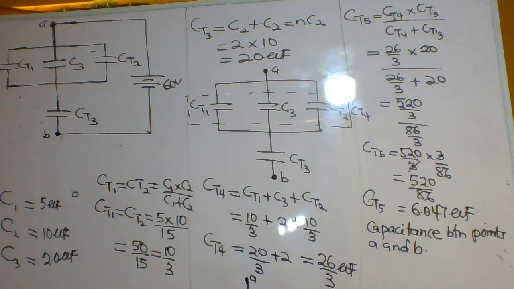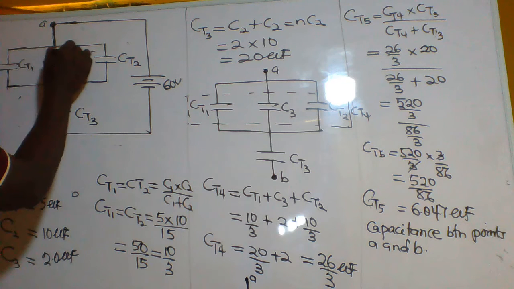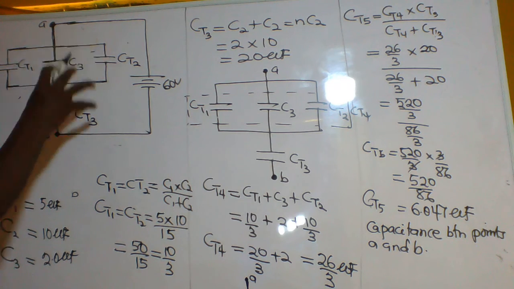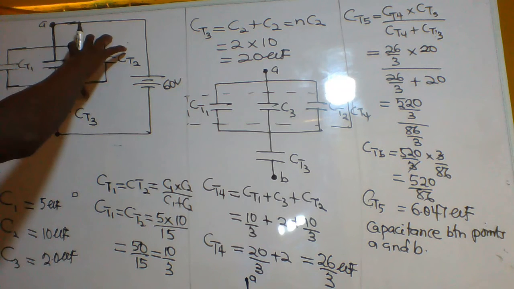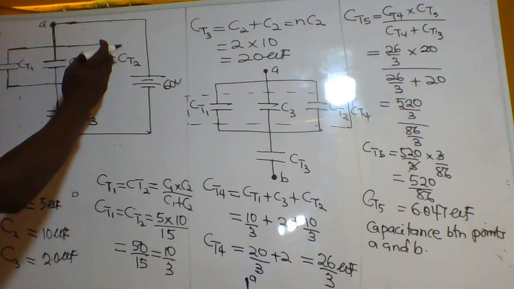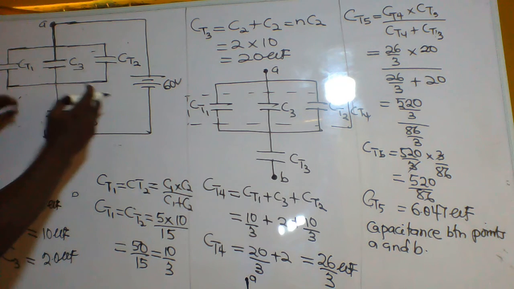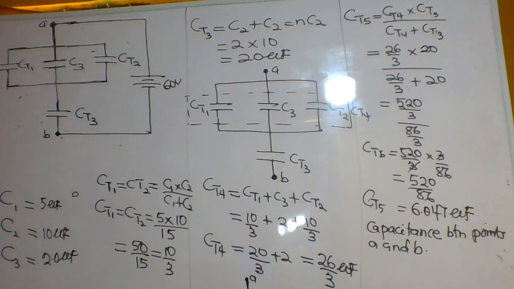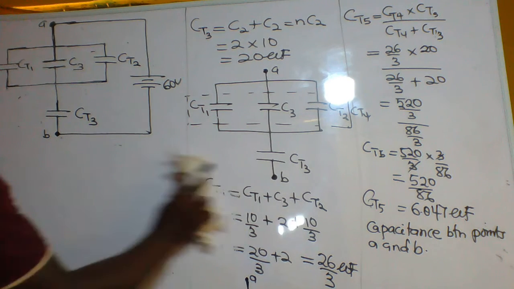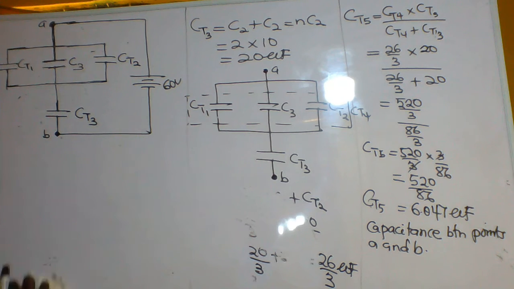So we reduce everything given to us as this because we found their total capacitance. Once these are in parallel, they have the same voltage drop across them. The voltage drop across the parallel plus the voltage drop across the series should be equal to the source voltage. So we only need to find the charge within the circuit.